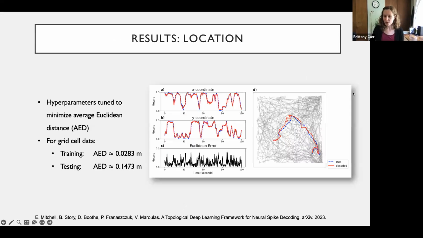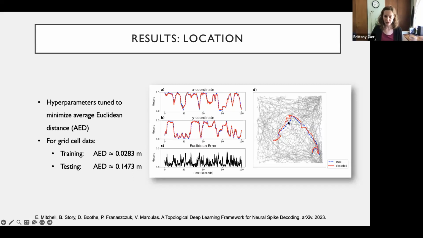And then for the location data, when we took the same architecture that we used for the head direction, but instead we fed in our grid cell data, then we were able to do the same kind of process where we have the true location in the blue dashed line and the decoded location in the solid red line. And you can see that it actually traces out this mouse's path pretty darn well.